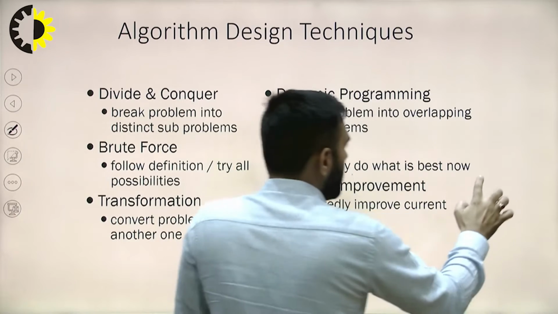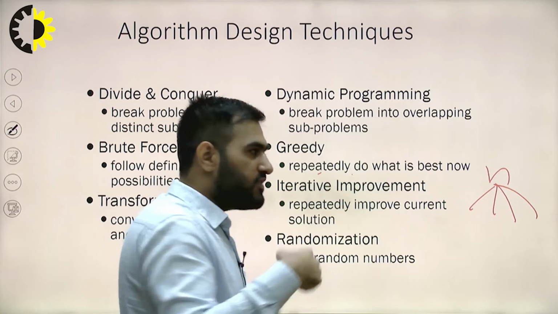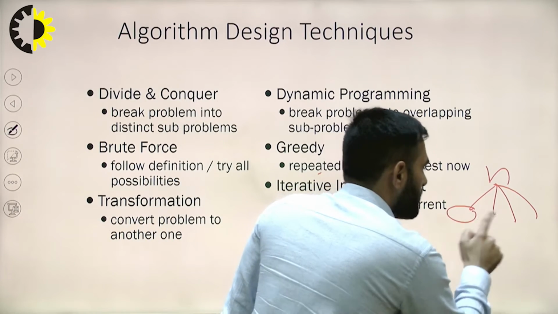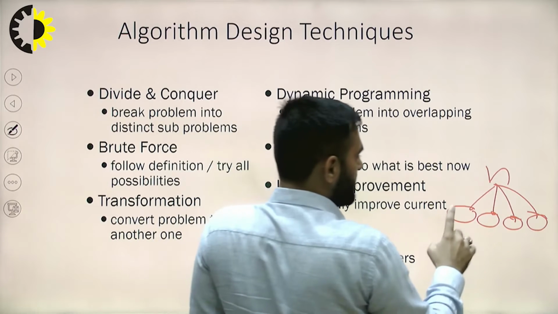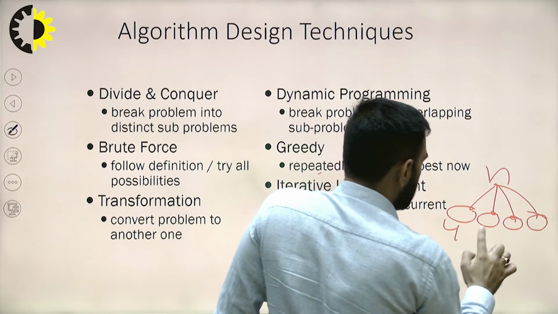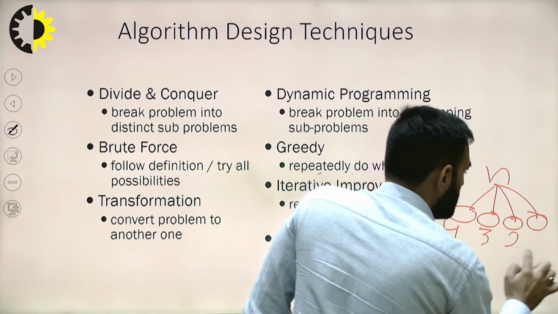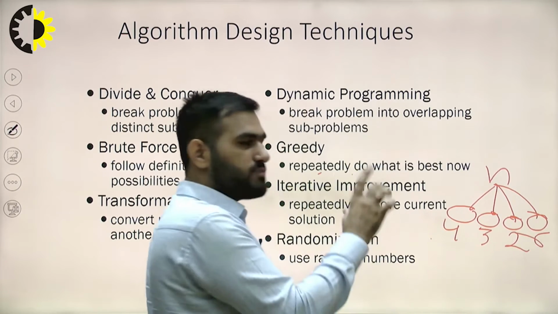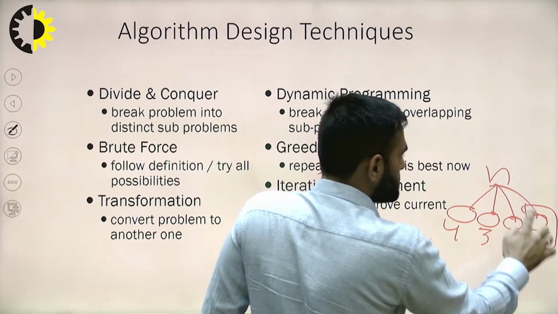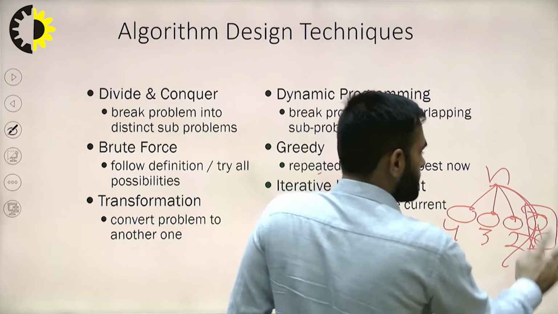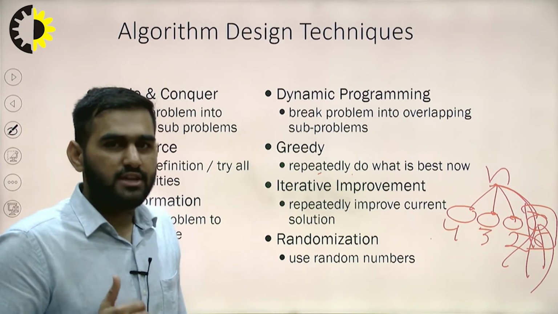Suppose we are dividing the problem into 4 sub problems and we are getting the costs 4, 3, 2, 6. For this particular problem, what is best now? It is 6. So it will continue with this path. So it will always check for the best possibility for the current scenario.